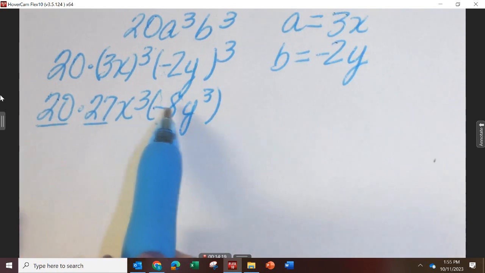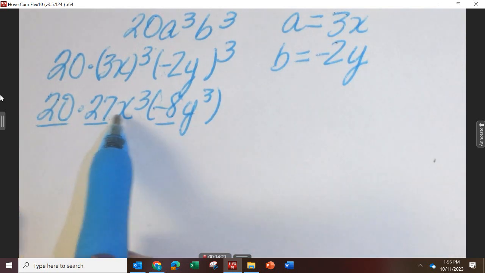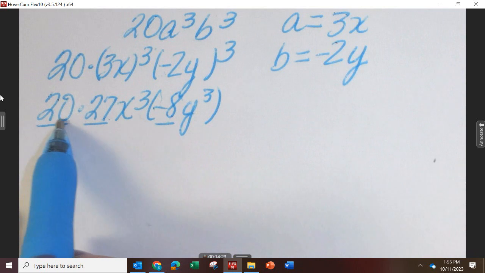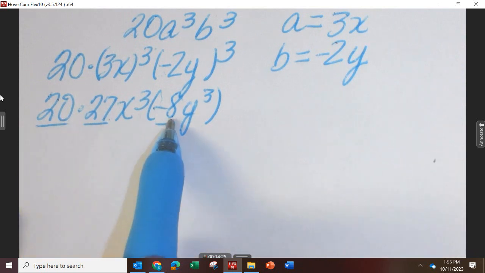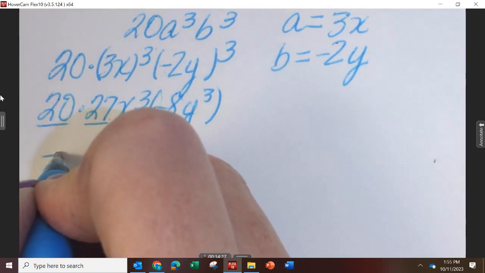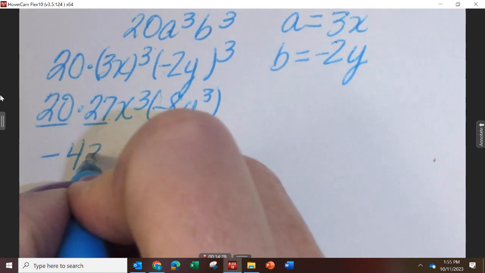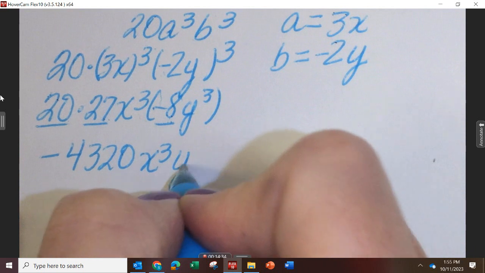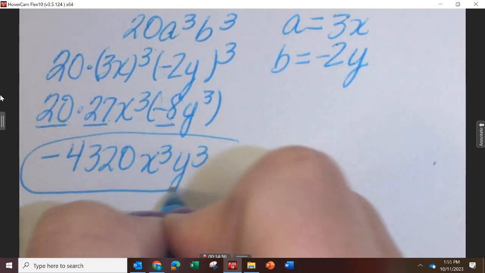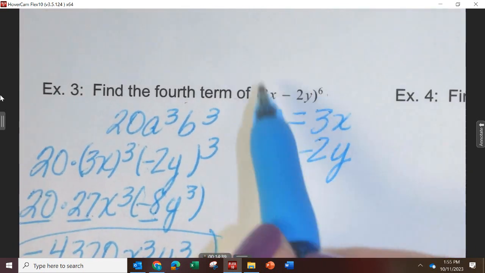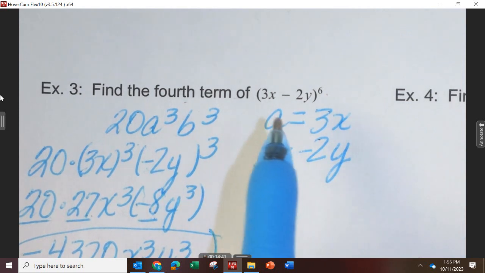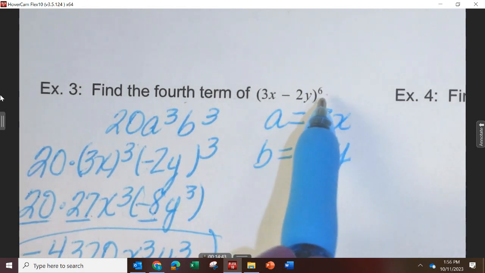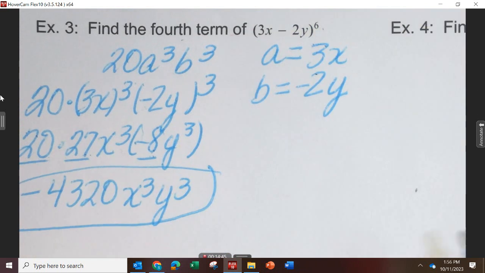No, we are multiplying all of this. Is this answer going to be positive or negative when we multiply those numbers? So it's going to be negative 4,320 x cubed y cubed. That's what the fourth term would be if I were to multiply that whole thing out, FOIL it out until I got to the 6th power of it. That's what I would get.